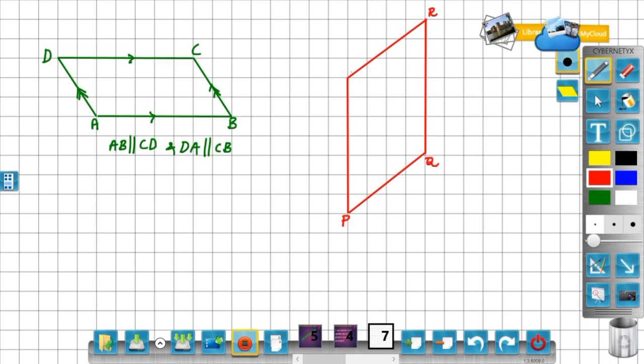PQRS is a parallelogram. PS parallel to RQ, and SR parallel to PQ. So opposite sides are parallel, so it is a parallelogram.